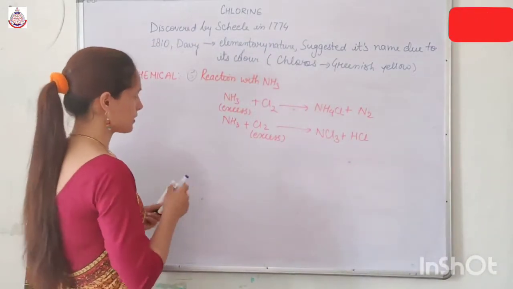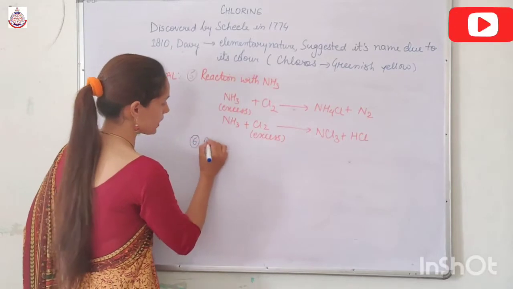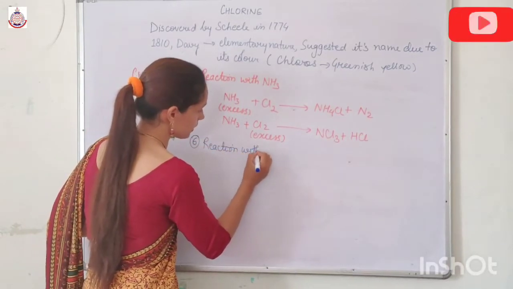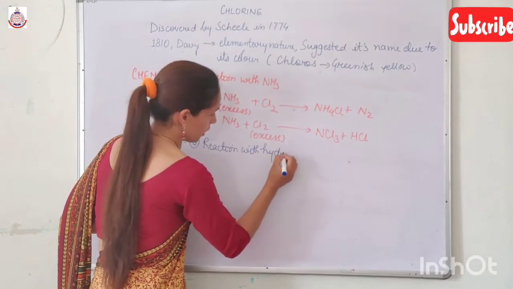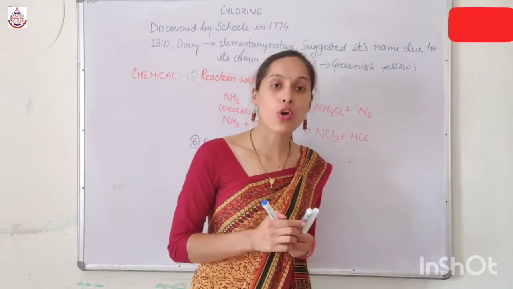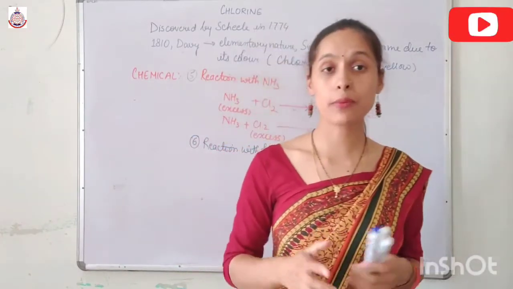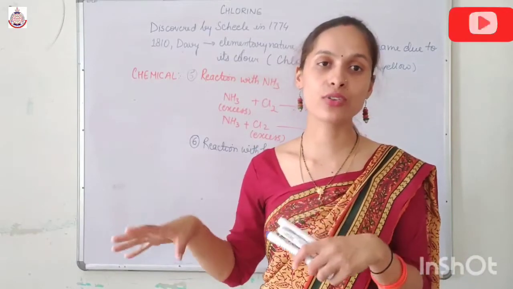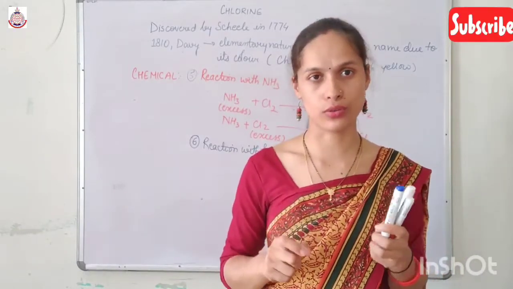Next property, the sixth property, is reaction with hydrogen, or affinity towards hydrogen. Chlorine has a very strong affinity towards hydrogen, and because of this reason, chlorine reacts with hydrogen containing compounds also.